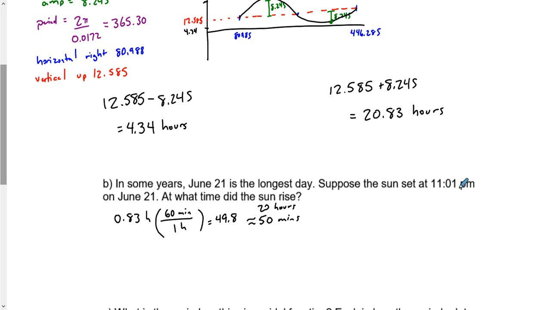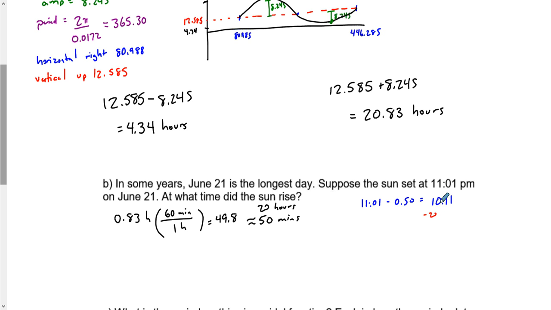So quick calculation, 50 minutes before 11:01. 11:01, we subtract the 50 minutes. That would put us at 10:11. And 20 hours before that, so we subtract 20 hours off of that.